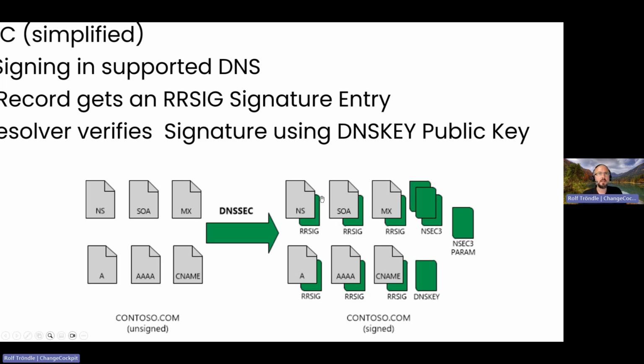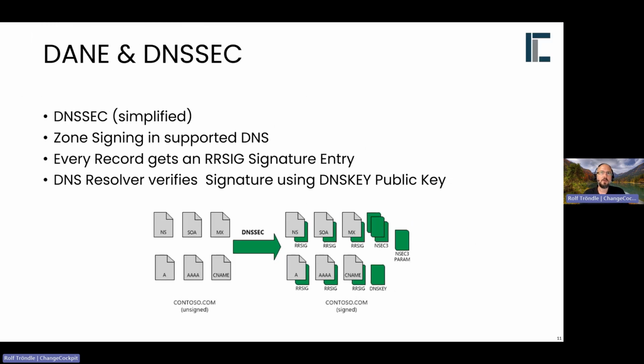This means a DNS resolver who wants to send to you will get your MX record. It is not able to calculate the signature by itself, because you would need the private key, but you can check the signature using the public key provided in the DNSKEY entry in this contoso.com zone.